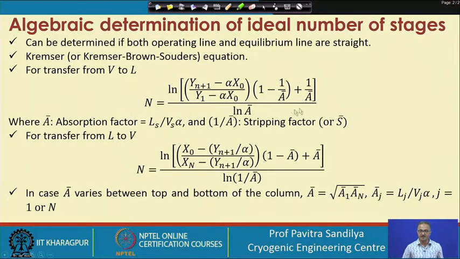this is the particular expression used for finding the number of ideal stages. On the other hand, if the transfer is from phase L to phase V, then this is the equation used for finding the number of ideal stages.